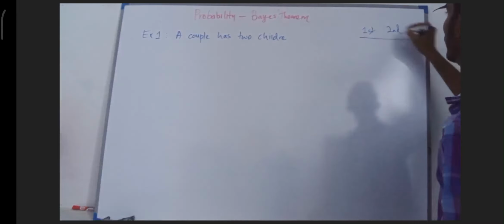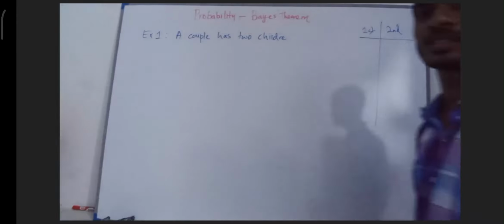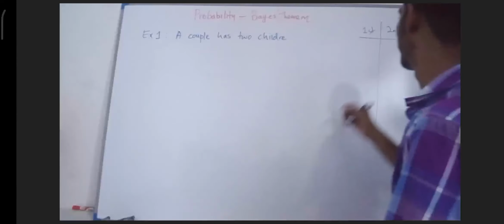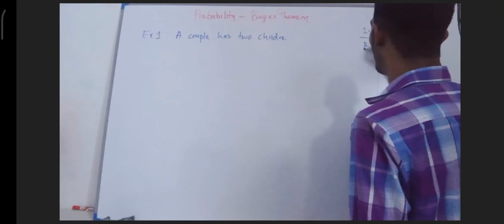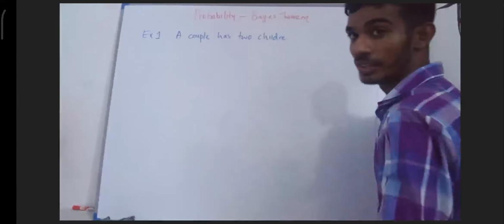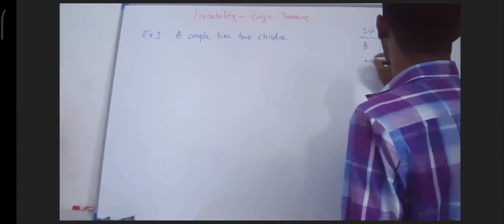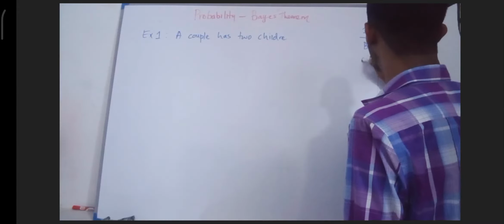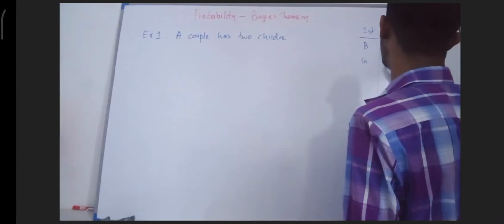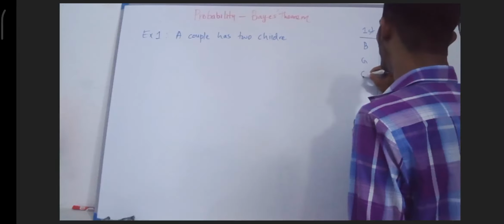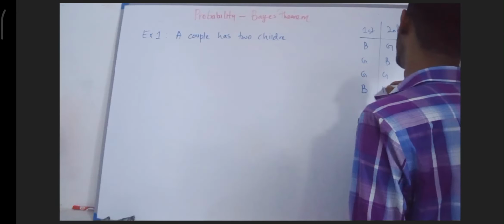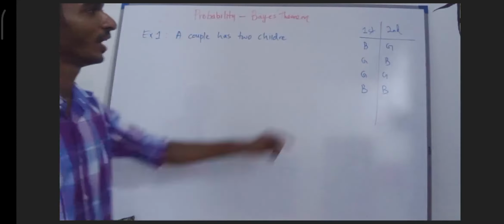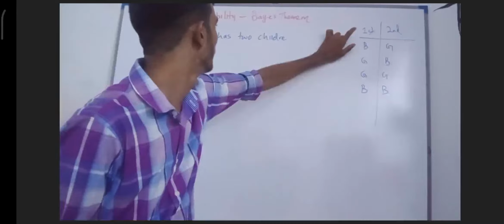What are the probabilities of having children sex-wise? The first child might be a boy and the second a girl, or the first a girl and the second a boy. Sometimes both children might be girls, and both might be boys. So these are the 4 possibilities of having 2 children for a couple.